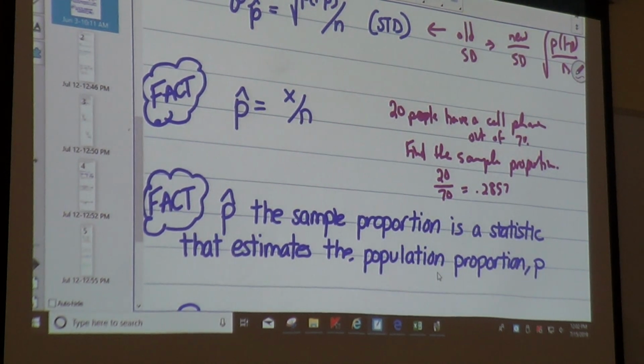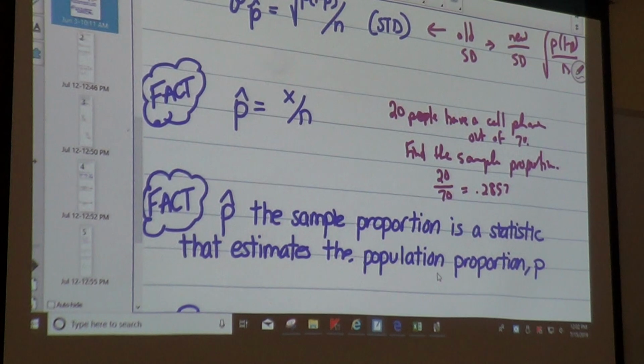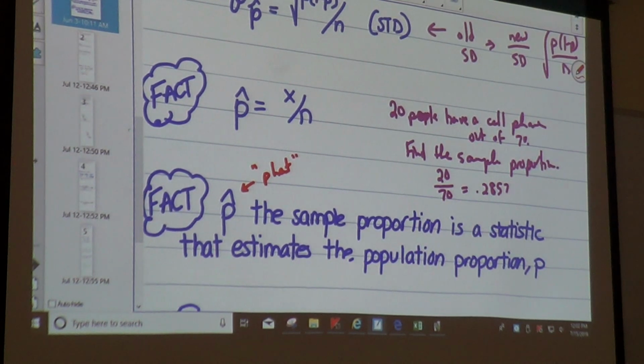This one is called p hat. It's like wearing a little dunce hat. p hat is the sample proportion. p is the population proportion.